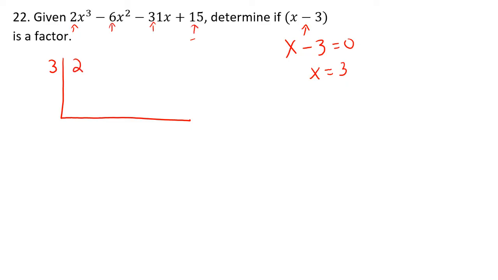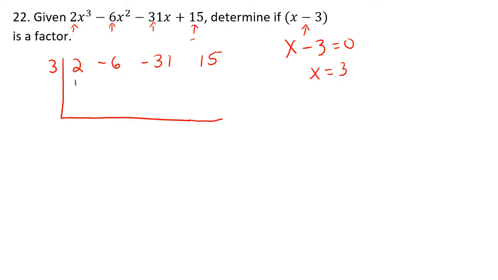So I'll have 2, negative 6, include your signs, negative 31, and positive 15. And the idea is, if I get a remainder of 0, then I know this is going to be a factor of the polynomial. If I don't, then it is not a factor of the polynomial.